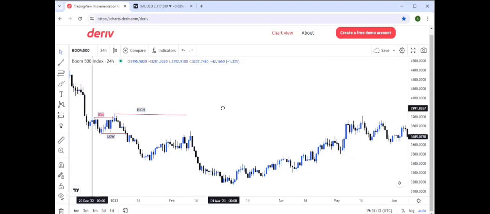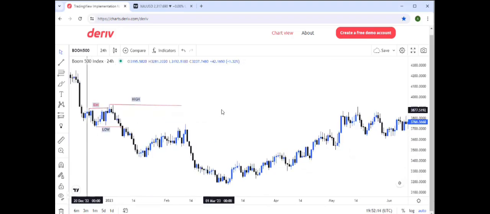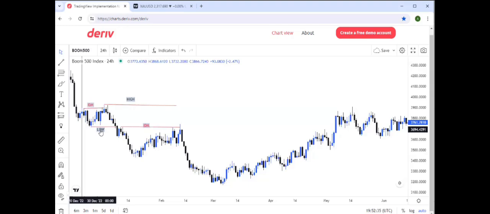Now, where's the next inducement? We have this inducement here. This is a valid pullback. So we have our next inducement around here. IDM here. Because the IDM is taken, our low is now here.